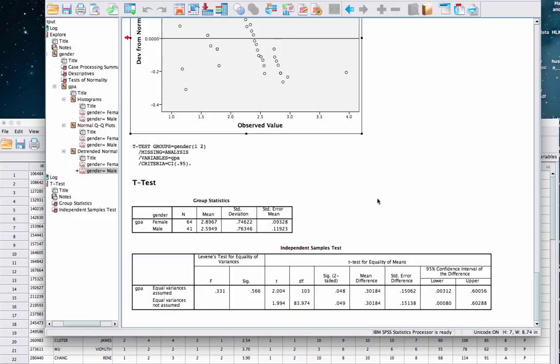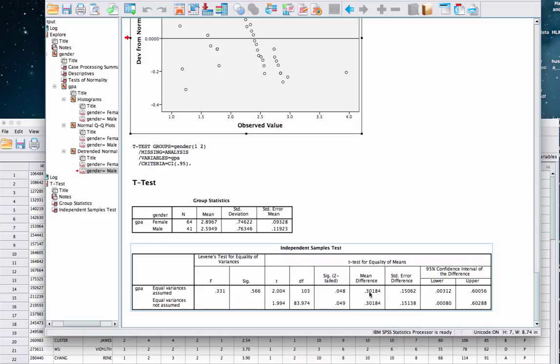Those are calculated by n minus 2, the number of individuals minus 2. Our two-tailed significance here is 0.048. So because this is below 0.05, we say the result is significant.